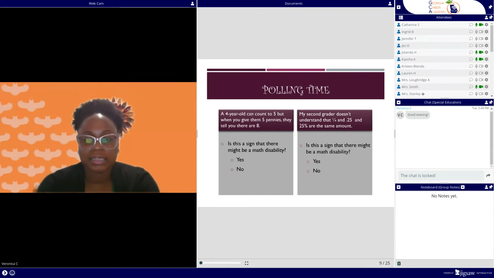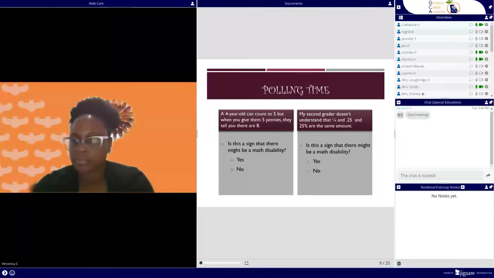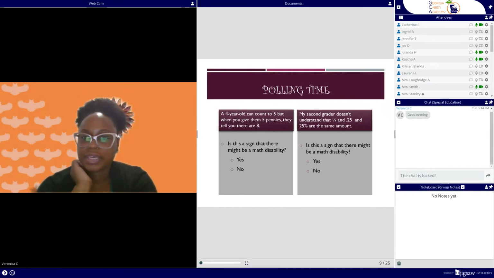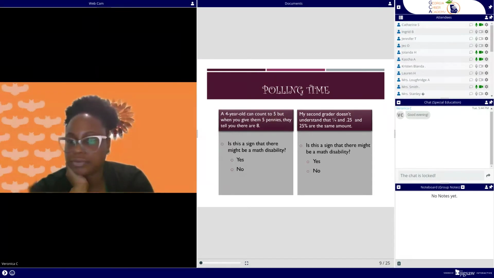Is this a sign that there might be a math disability? You can give me a check for yes and an X for no. Okay, so no. Again, we have to look at the age of the student.